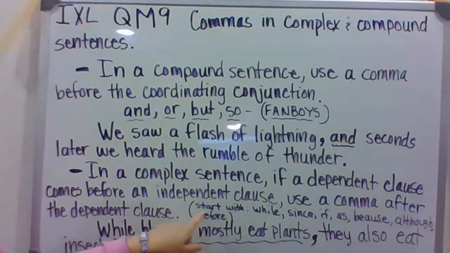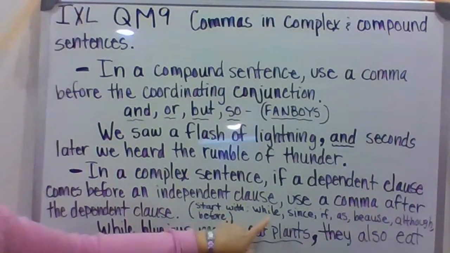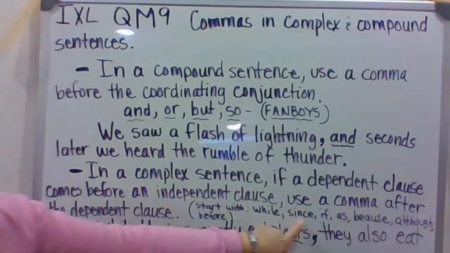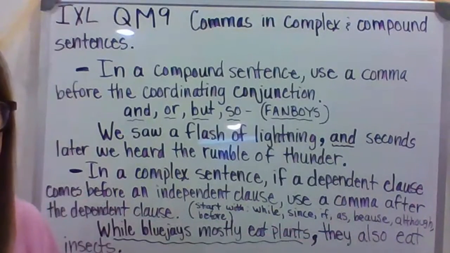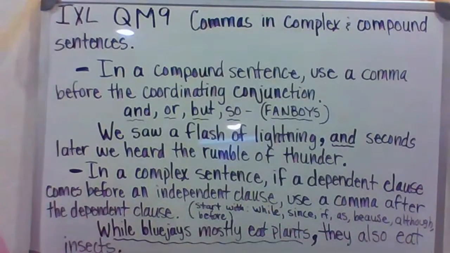So if you see a sentence starting with while, since, if, as, because, although, or before, those are the indicators to let you know that it's starting with a dependent clause.